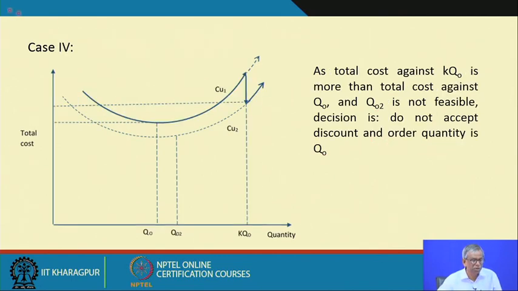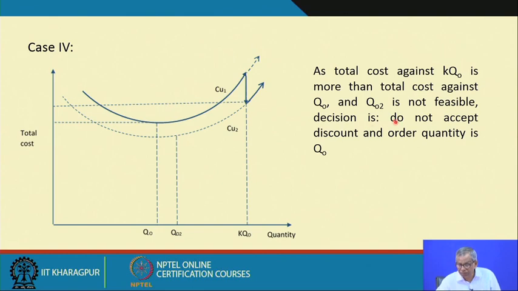Now comes the fourth case. So in case 4, what do you find? You move along this line, and at this level KQ0 you are offered the discount. As total cost against KQ0 is more than the total cost against Q0, and Q02 is not feasible, you cannot get this Q02 over here.